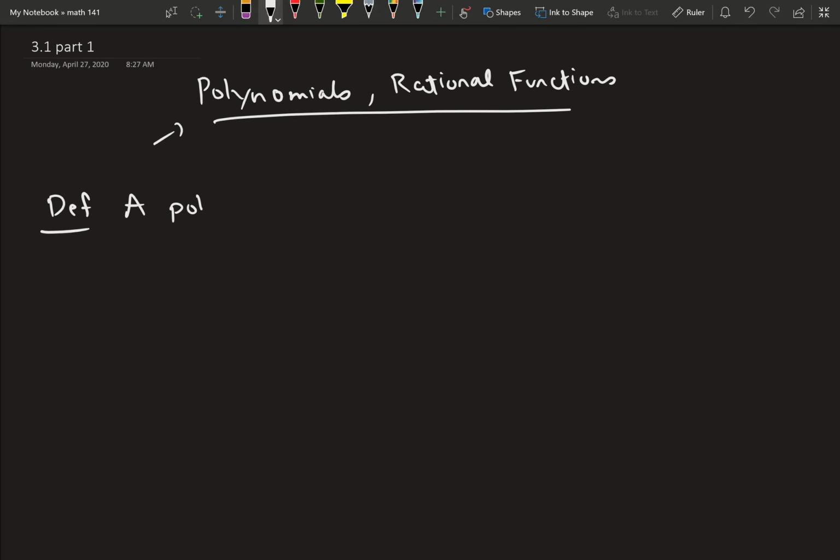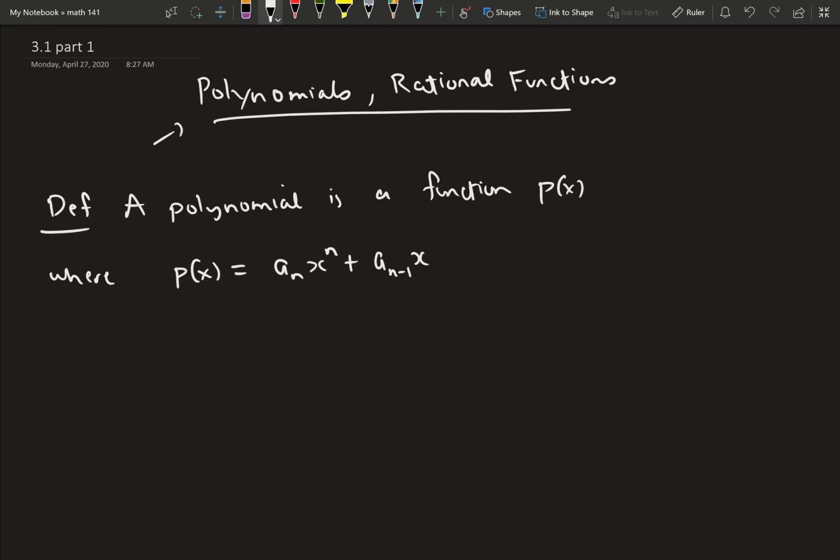So a polynomial is a function, we'll call it p of x for polynomial, where p of x is equal to a sub n x to the n plus a sub n minus 1 times x to the n minus 1 plus so on and so forth plus a1x plus a0, where, so what are these?